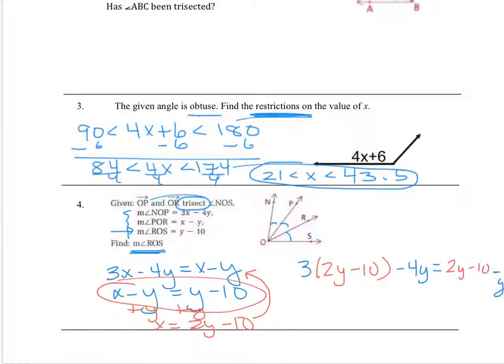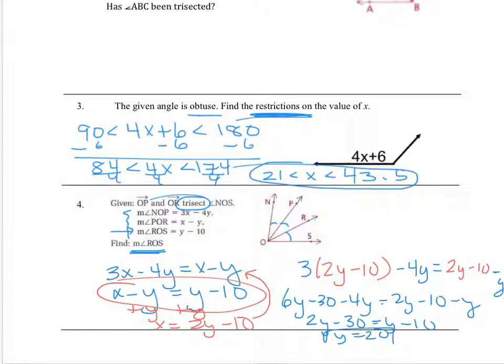And then we're going to simplify. 6y minus 30 minus 4y equals 2y minus 10 minus y. Okay, so we have 2y minus 30 is equal to y minus 10. If we subtract y from both sides, and we add 30 to both sides, we get that y equals 20.